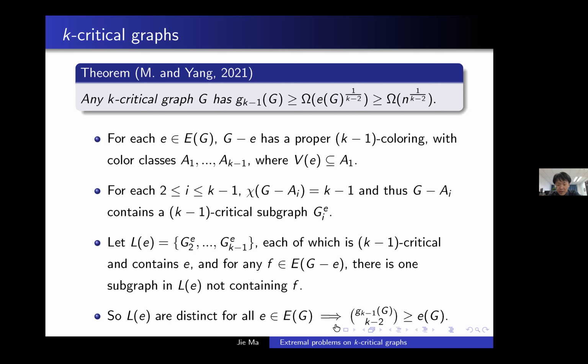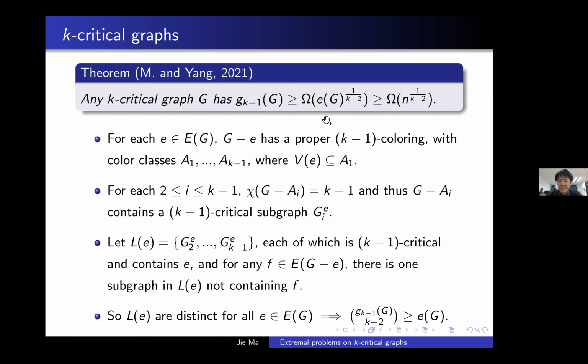And this tells us that g_k choose k-1 will be the upper bound of the number of lists, right? In total we have g_k many graphs, and each list only consists of k-1 graphs. This will be the upper bound of the number of lists, but the number of lists is at least the number of edges. So we get the bound.